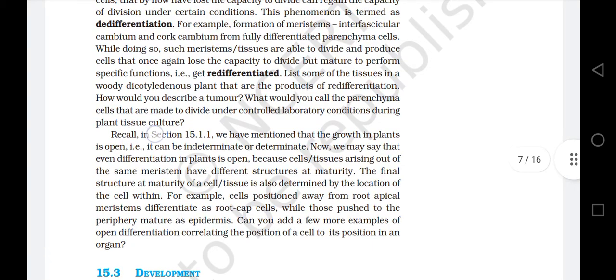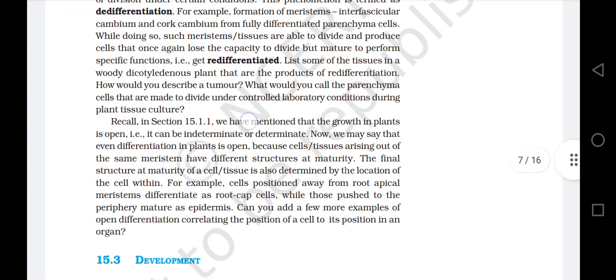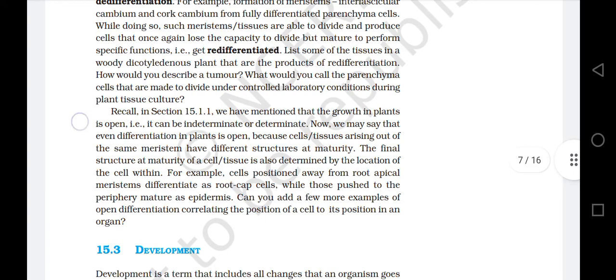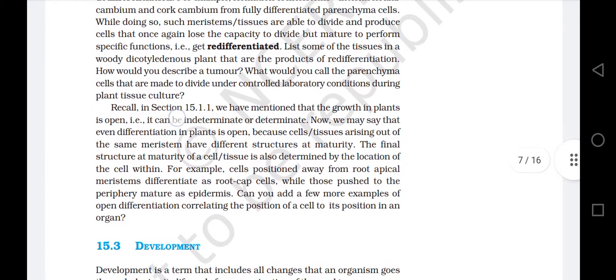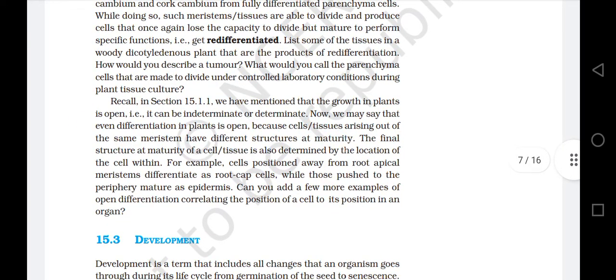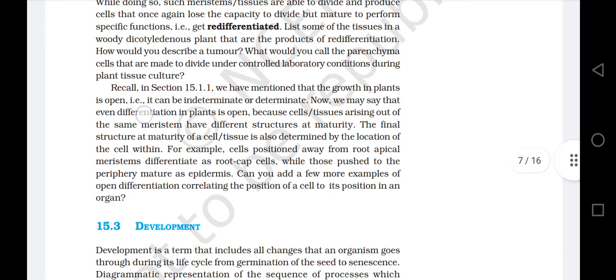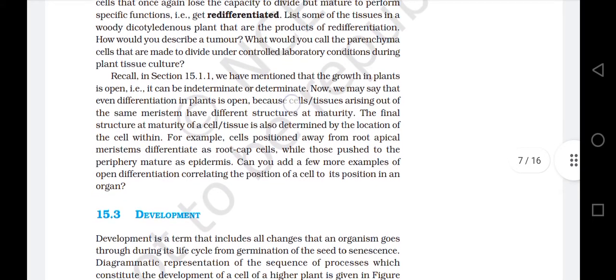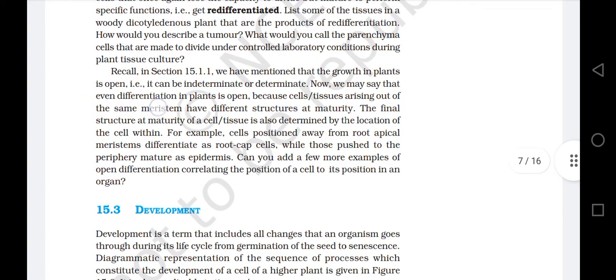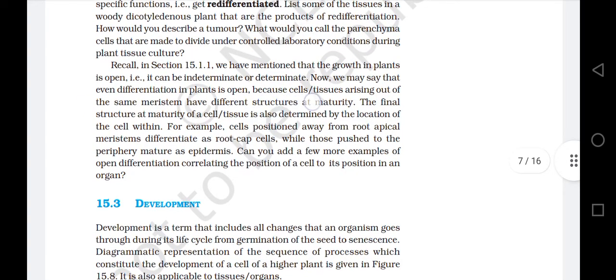Recall, in section 15.1.1, we have mentioned that the growth in plants is open, that is, it can be indeterminate or determinate. Now, we may say that even differentiation in plants is open, because cells and tissues arising out of the same meristem have different structures at maturity.